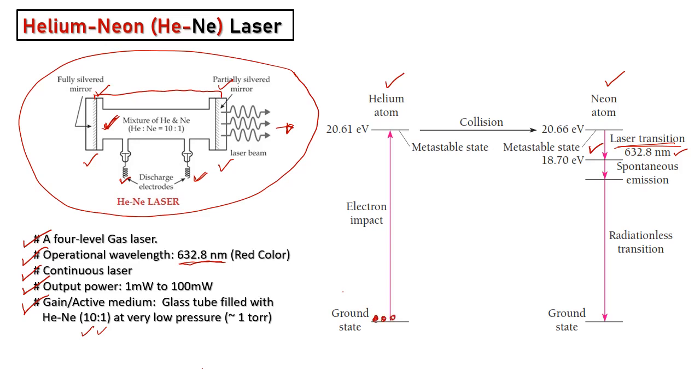This is for neon atoms. So when we supply the energy through the discharge tube, the atoms which are in the ground state of the helium and the neon absorb energy and get excited to a level above the ground state.